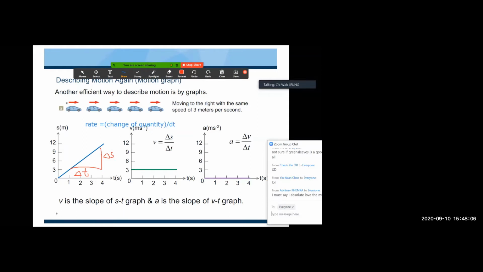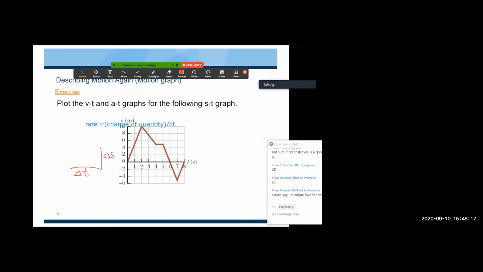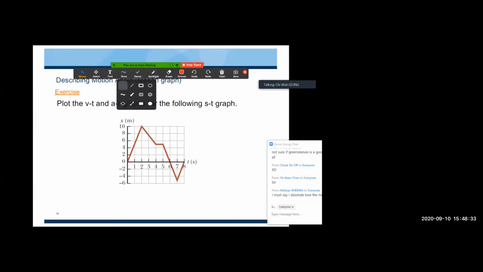For example, in the next page, you have this. Now, over the linear parts of this displacement versus time graph, you could see that the changes are gradual. So you could easily draw, for example, the VT graph, something like that.